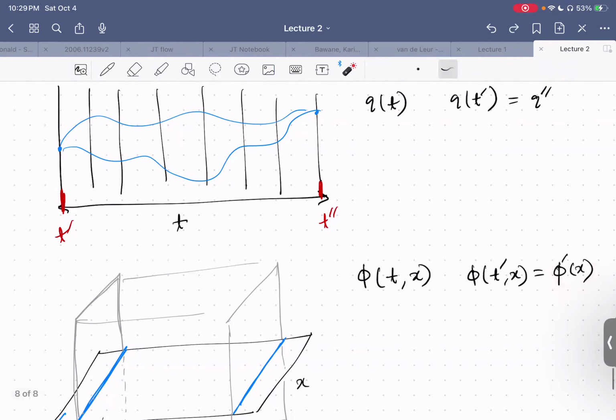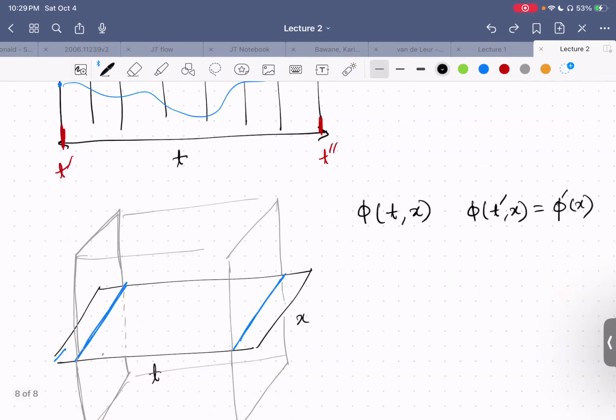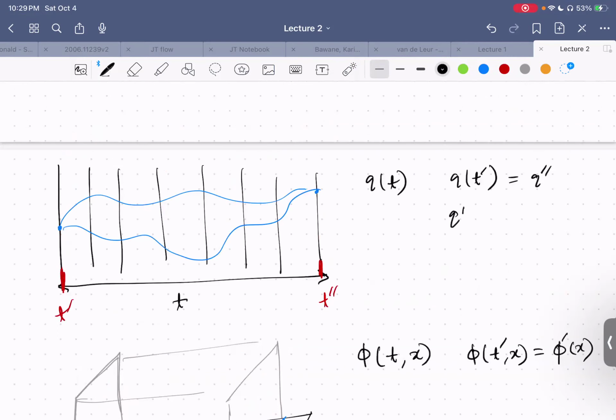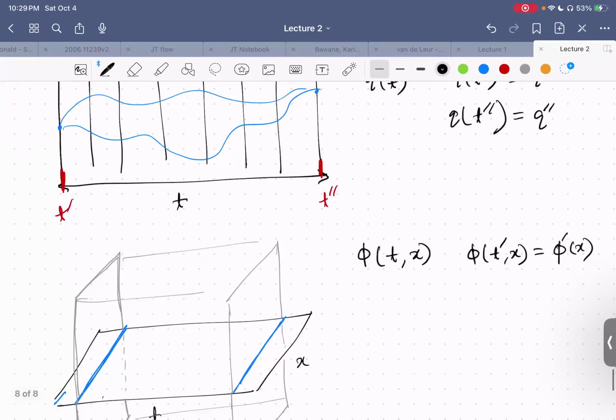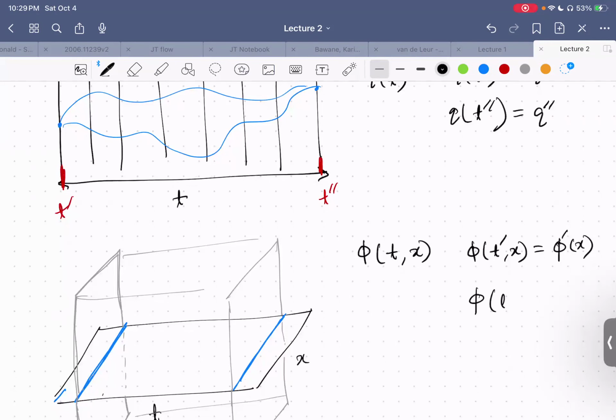Similarly, we said that at some other time t double prime, this becomes q double prime. Similarly, we can say that at that specific time, this becomes some other specific function of x.